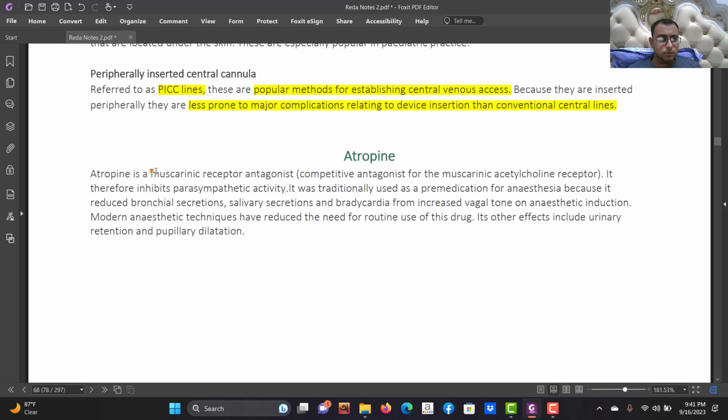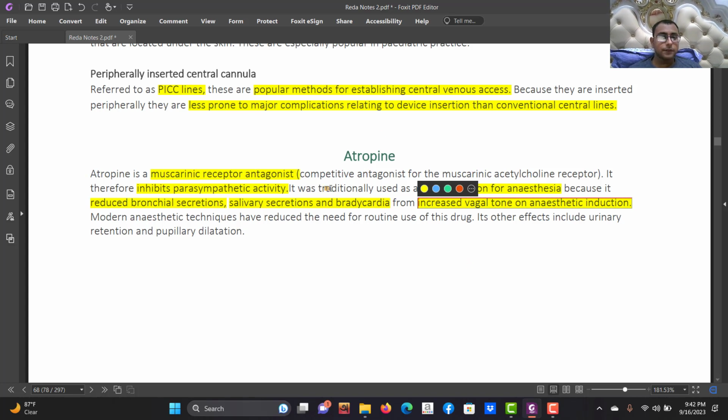Now atropine, which is a muscarinic receptor antagonist, therefore inhibits parasympathetic activity. It was traditionally used as a pre-medication in anesthesia, and it reduces bronchial secretions and salivary secretion as well, and treats bradycardia from increased vagal tone or anesthetic induction, because during induction there are chances of bradycardia or reduced cardiac activity, or secretion can be raised by the salivary gland and also bronchial secretion.